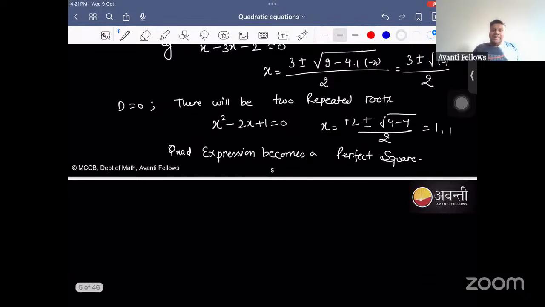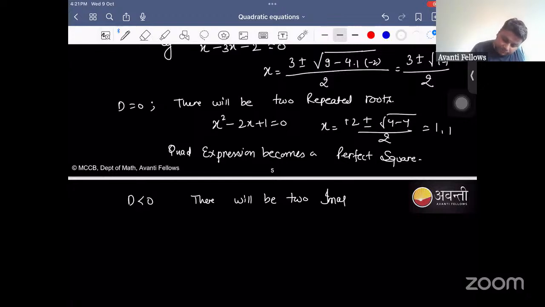Now, if D is less than 0, then there will be two imaginary roots. For example, x square plus 3x plus 4 equals 0.